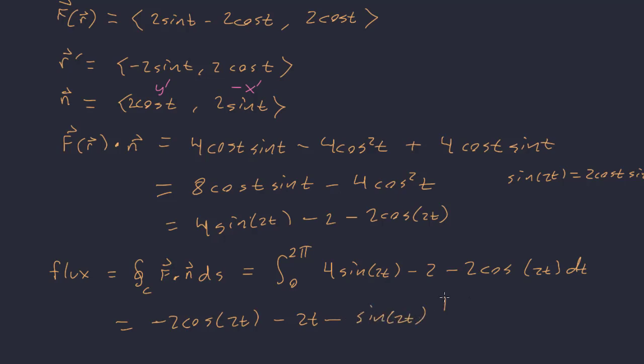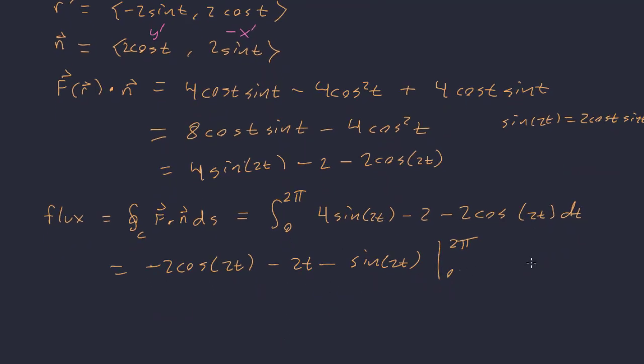I'm kind of speeding through this, but hopefully we've done this enough by now that this isn't too shocking. The trig terms are going to go to 0 because plugging in 0 and 2π will be the same thing, so when we subtract them, they'll cancel, and so we'll get −4π when it's all said and done. Okay, so there's our flux.